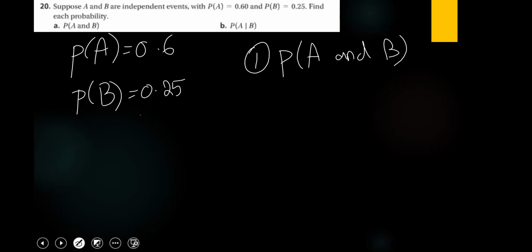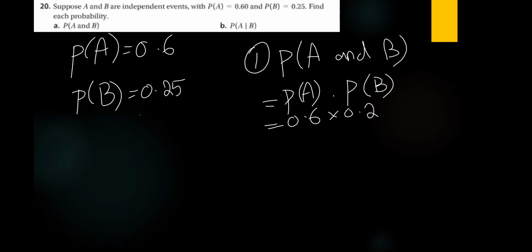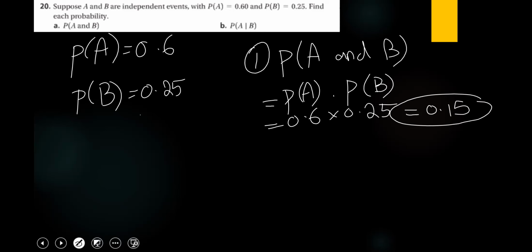Multiply them. It is the probability of A times the probability of B. So we multiply 0.6 times 0.25, which is 0.15. This is the probability of A and B.